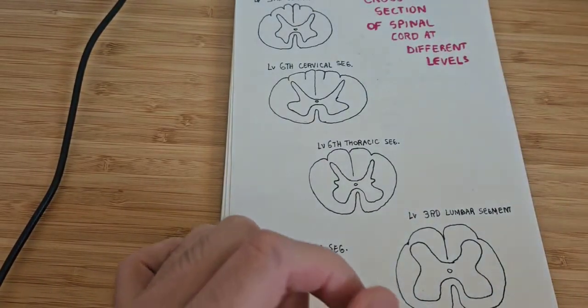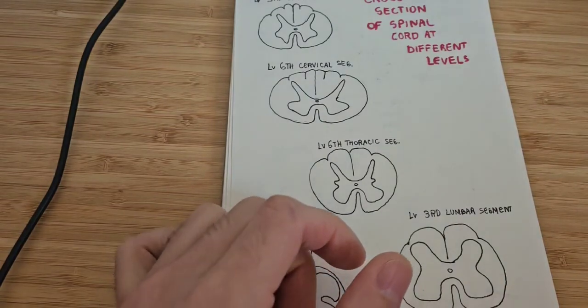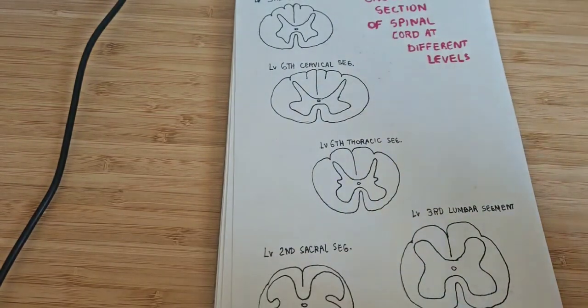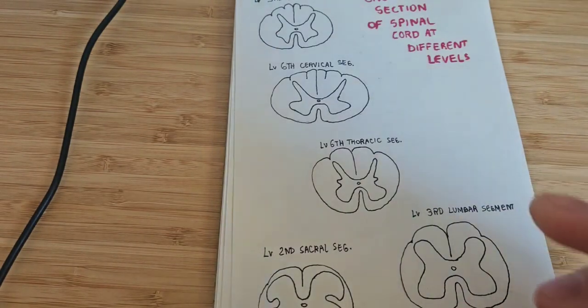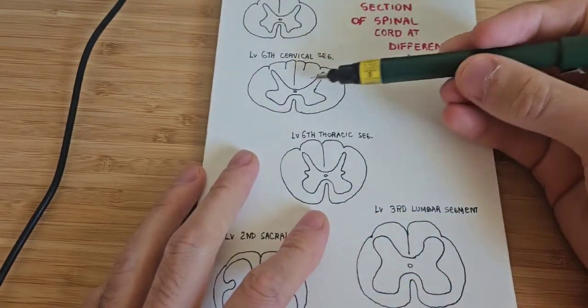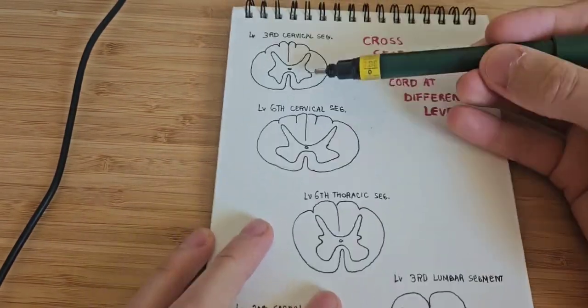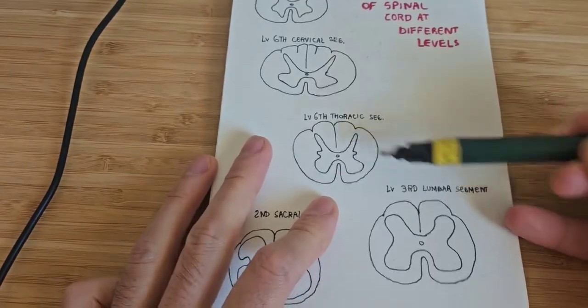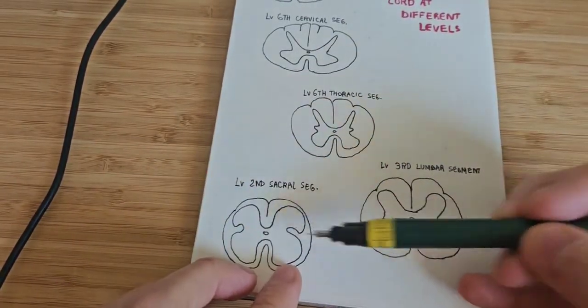Okay, the nucleus of the posterior horn. Let me grab a pen here. So it's important to understand the posterior horn.